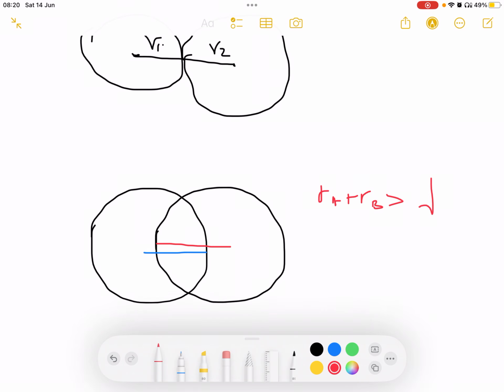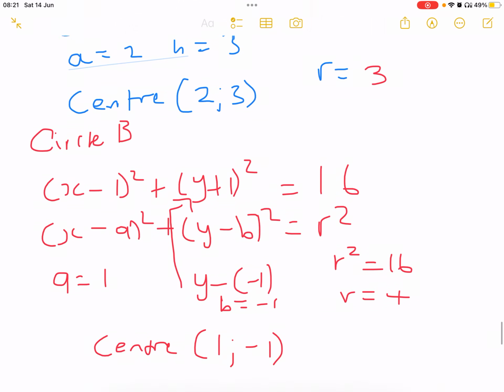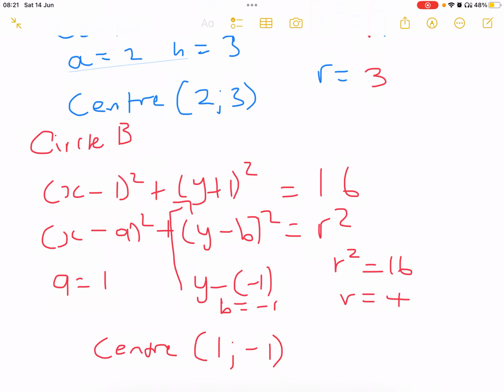So the distance will be smaller, the distance between centers will be shorter. Anyway, what do we have in our case here? We can make a final judgment.